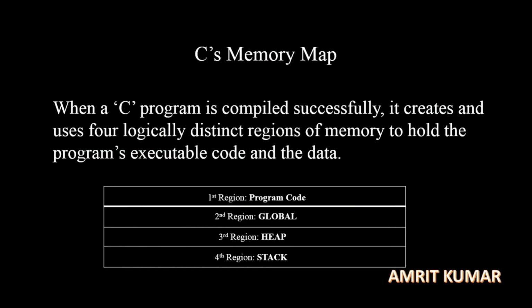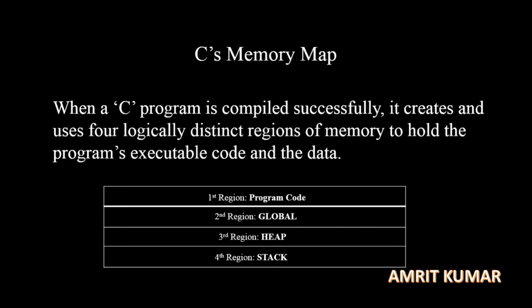So C memory map, we can say, because the memory is mapped in C language. When a C program is compiled successfully, it creates and uses 4 logically distinct regions of memory to hold the program executable code and data.